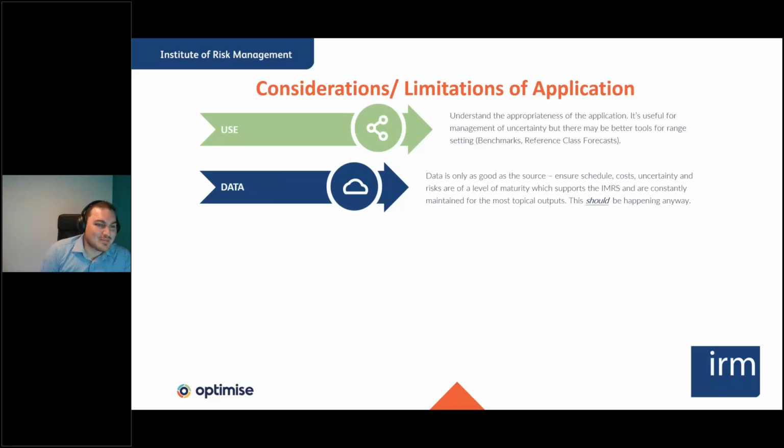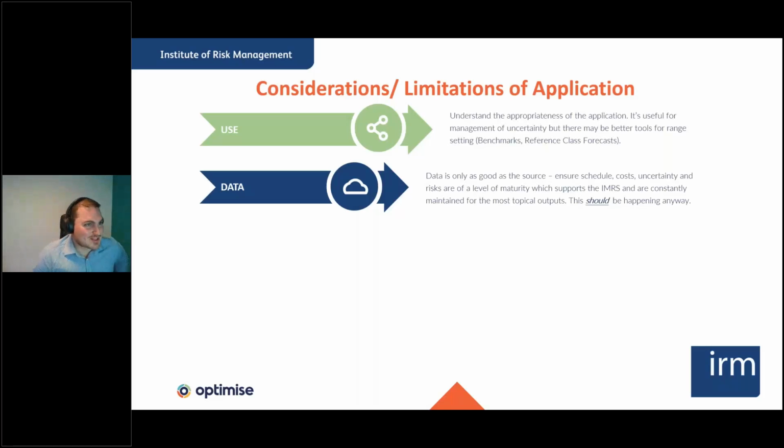The data, as with all models, and to Wes's earlier points, you're only going to get quality outputs if you've got quality inputs. And this is probably one of the bits that organizations need to work on as a matter of urgency. If we want to get an IMRS in place, we need to make sure that the data, the schedules, the costs, the uncertainty and the risks are at a level of maturity that can support using an IMRS, and that they're constantly maintained for the topicality of outputs. Now, with this integrated network, that should be happening anyway.